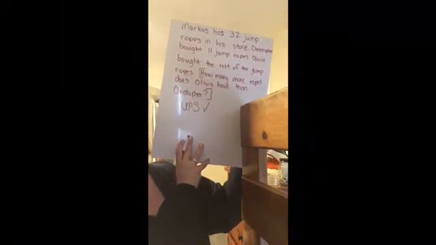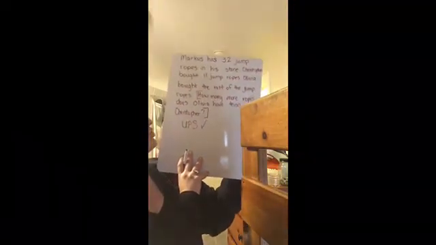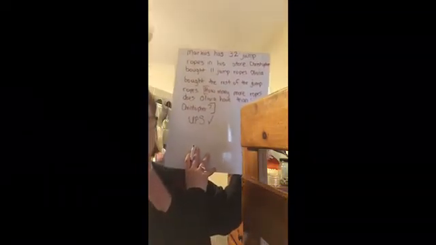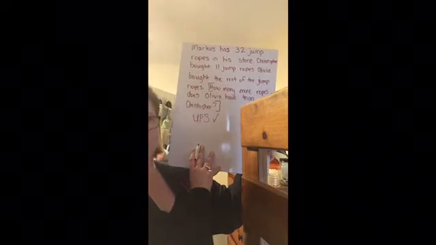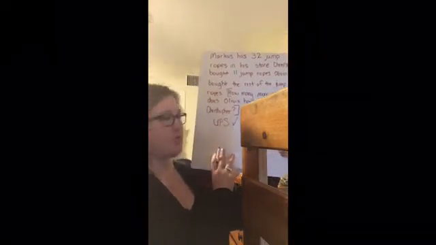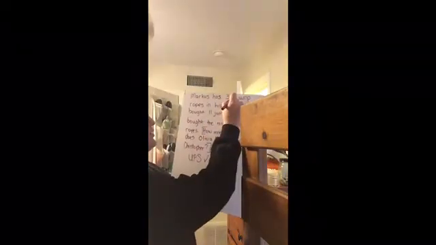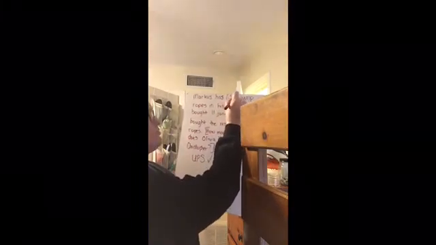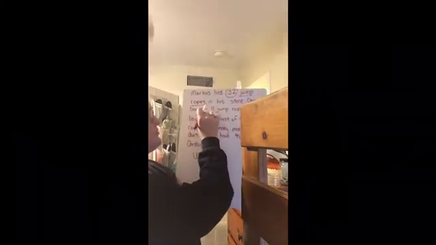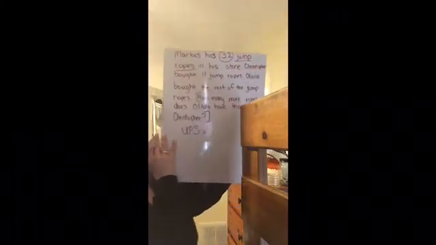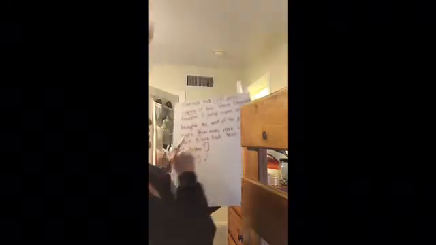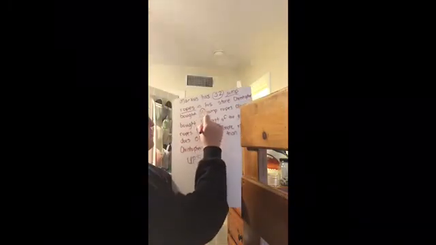understand the problem. Now I'm going to circle my numbers that I have and underline the terms that go with them. Okay, so I have 32 jump ropes. Okay, and then I have 11 jump ropes.